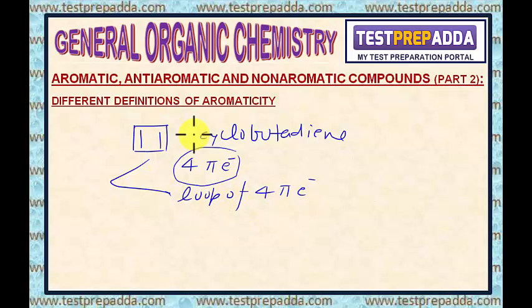This does not follow Huckel rule. So this cannot be the aromatic. This is not the aromatic compound. So this compound will be less stable than aromatic compound. But because of this conjugation, we expected this compound more or as stable as non-aromatic compound.